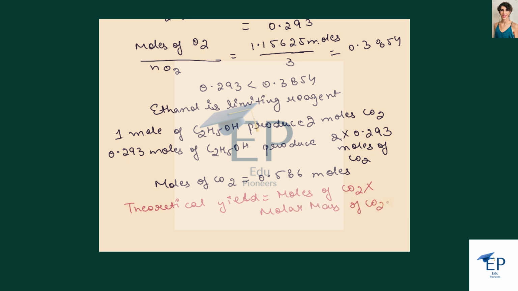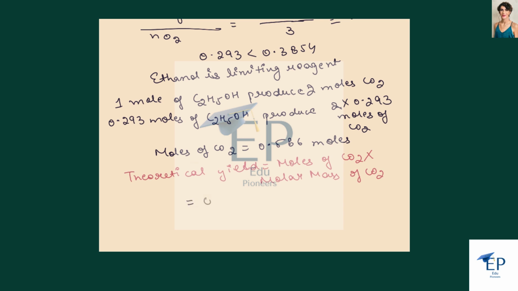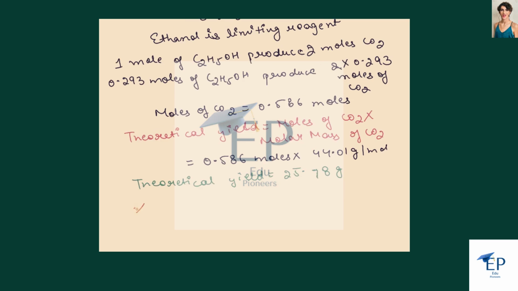So now here the moles we have calculated above is equal to 0.586 moles and the molar mass of carbon dioxide is equal to 44.01 gram per mole. So when we solve this, we get the theoretical yield. So this theoretical yield is equal to 25.78 gram.